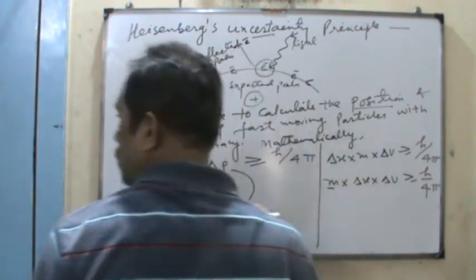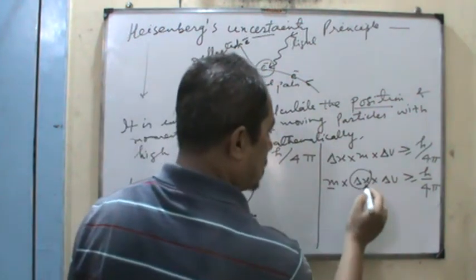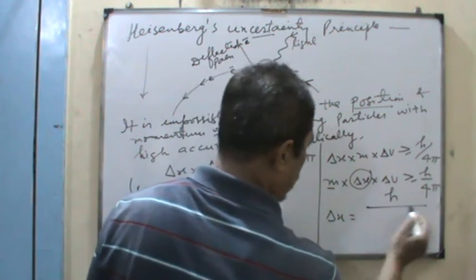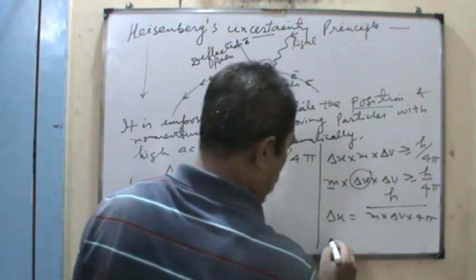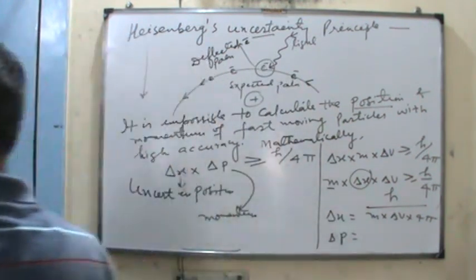So if you want to calculate delta x, the expression will be h upon m into delta v into 4 pi.